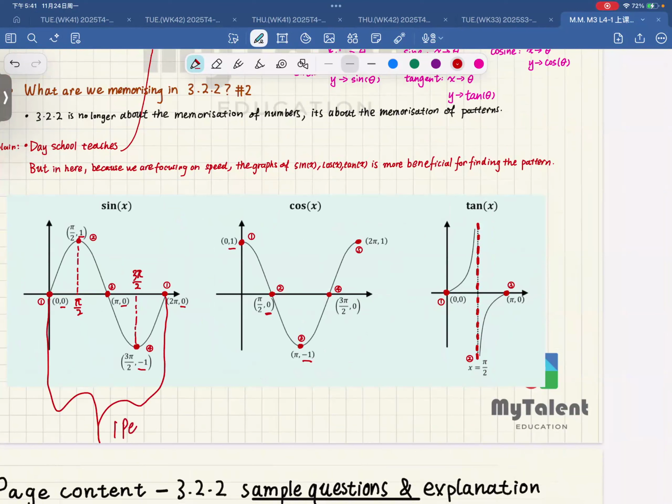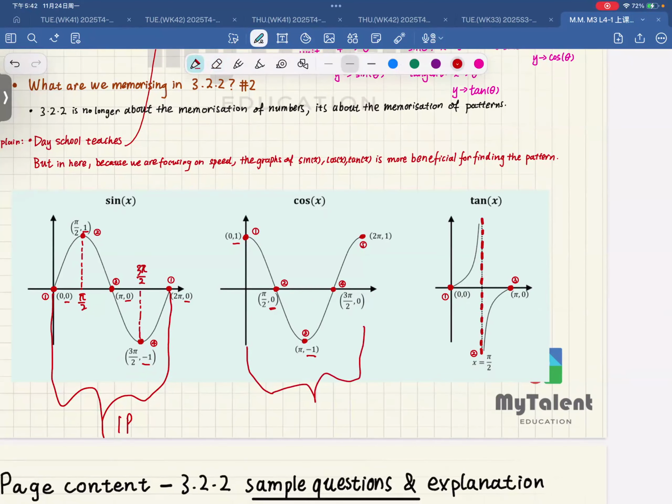That's 1 period. 1 period is 2 pi. But for tangent, 1 period is pi.